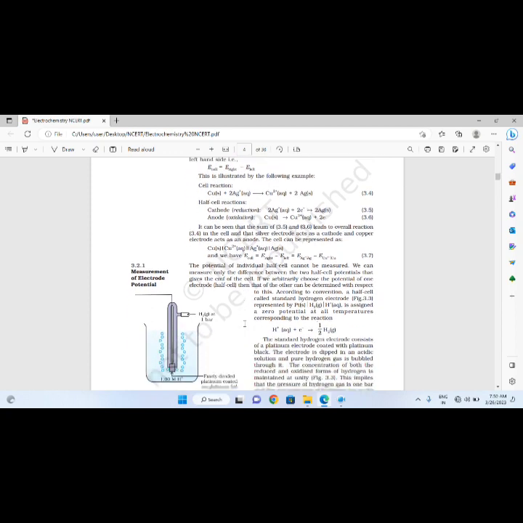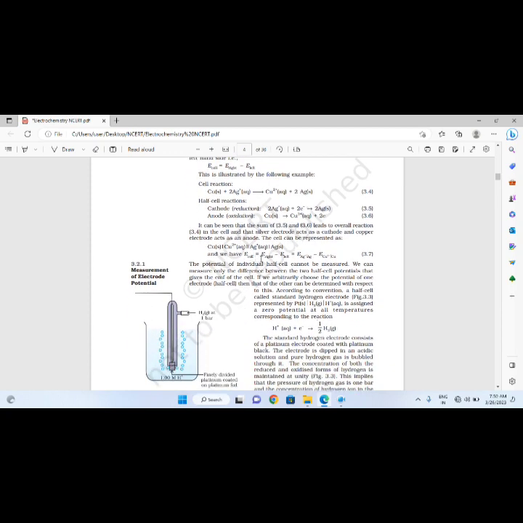Here we have represented the total cell as E right hand side minus E left hand side.